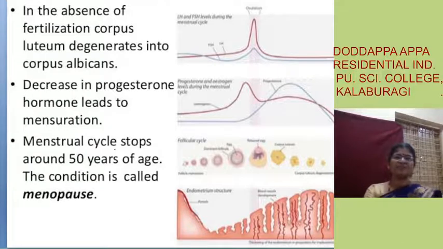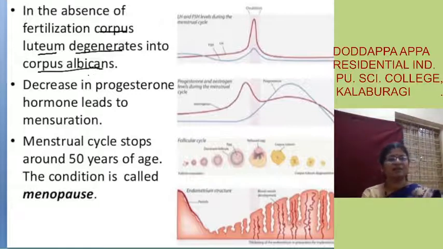In the absence of fertilization, the corpus luteum will degenerate into corpus albicans. When fertilization does not occur, the corpus luteum will be degenerating.